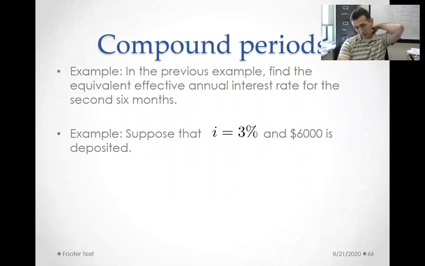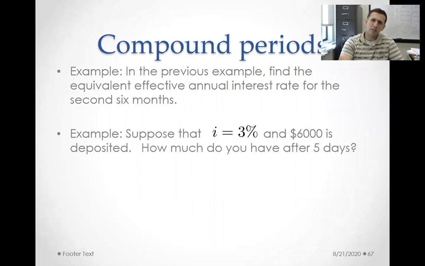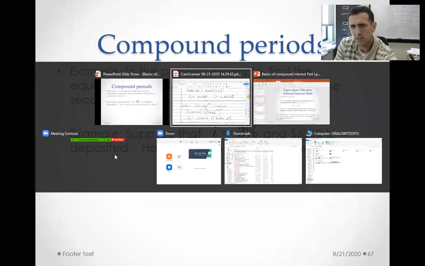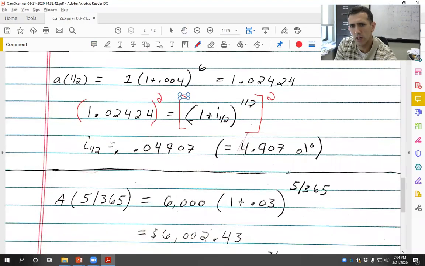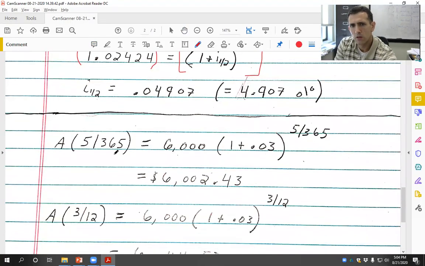Okay, so another example. Let's say we have effective annual interest at 3% and $6,000 is deposited. How much do you have after 5 days? Okay. And this is pretty straightforward. Well, we're going to treat 5 days as 5 over 365.